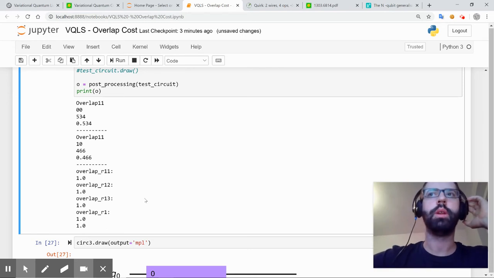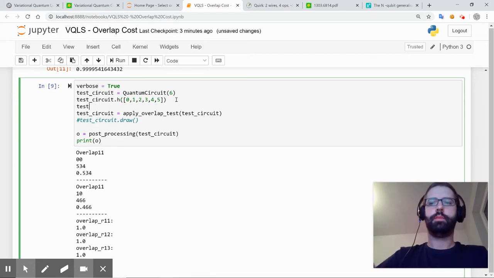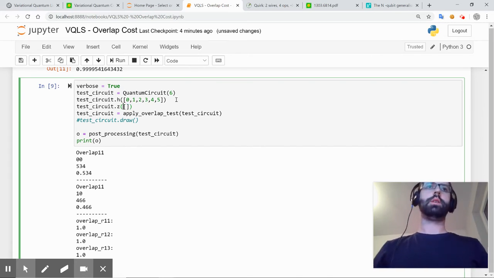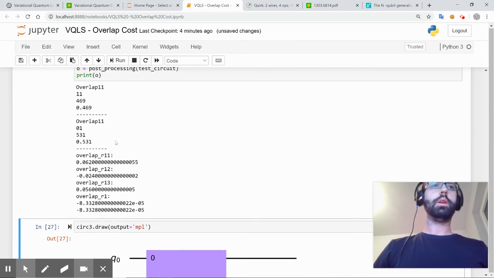So the overlap is 1 for such a circuit. If I would do a test circuit with an H gate, I know, a Z gate, on qubits 1, 2, I would get an overlap that is almost 0, right?